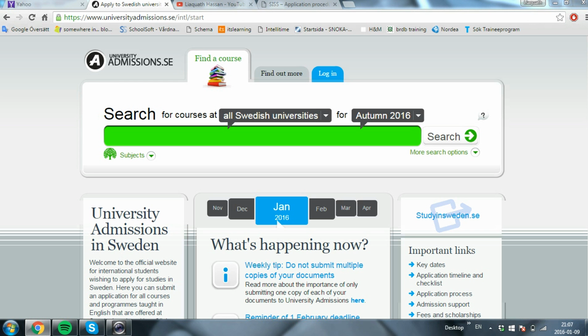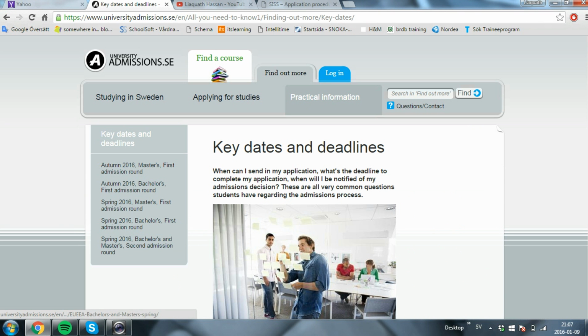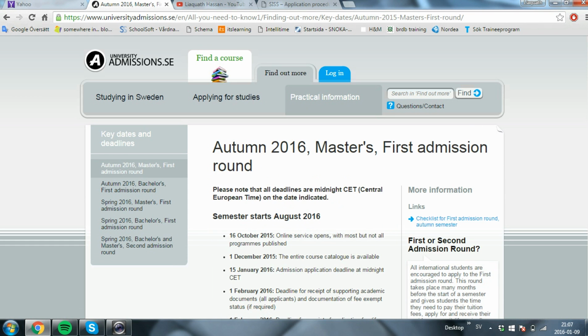About the deadlines and so on, let me go to the key dates. As you can see on the right, important links. If you click on key dates, at left we have autumn 2016 masters, for example. You have bachelor as well.